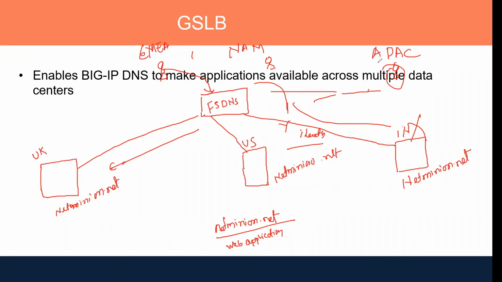So the query coming from APAC may be redirected to the next nearest data center, and the next nearest data center is UK based. So this GSLB feature provides F5 a functionality where it can distribute the queries across the different regions, and also monitor the health of the connected data centers.